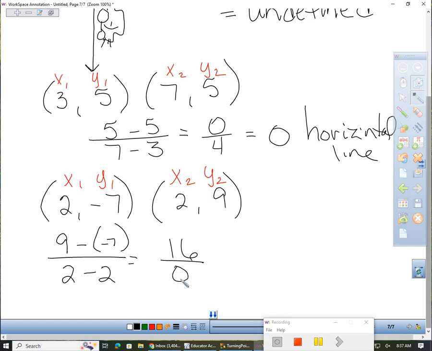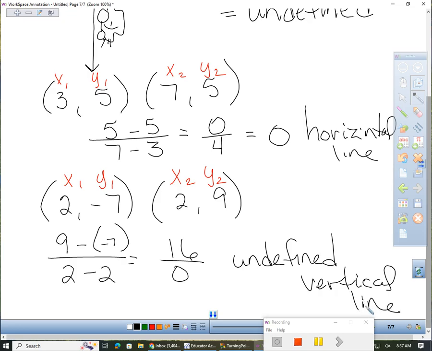Can you take in your calculator and go 16 divided by 0? Try it. Tell me what it says. It says error, doesn't it? So this is undefined. And so what kind of line would I have here? A vertical line. Okay?